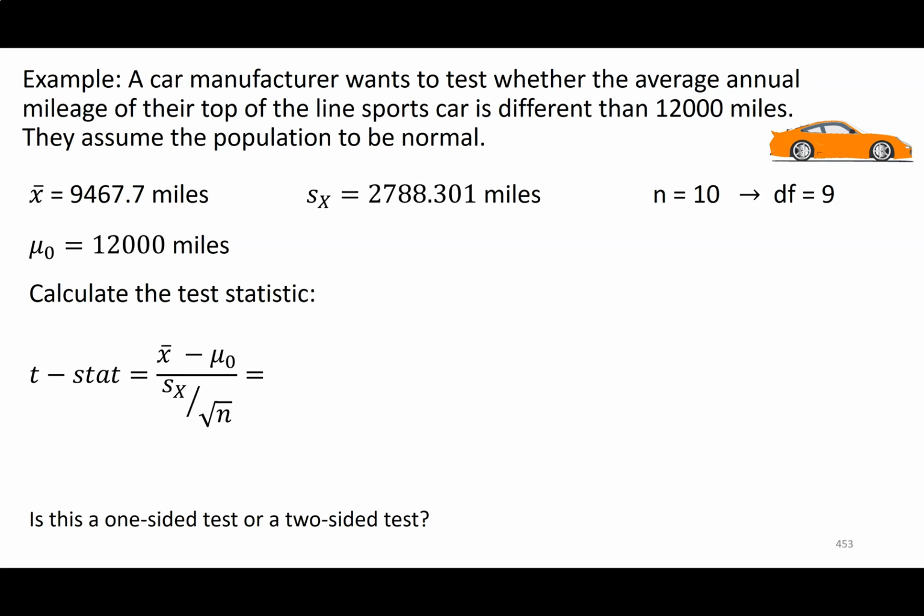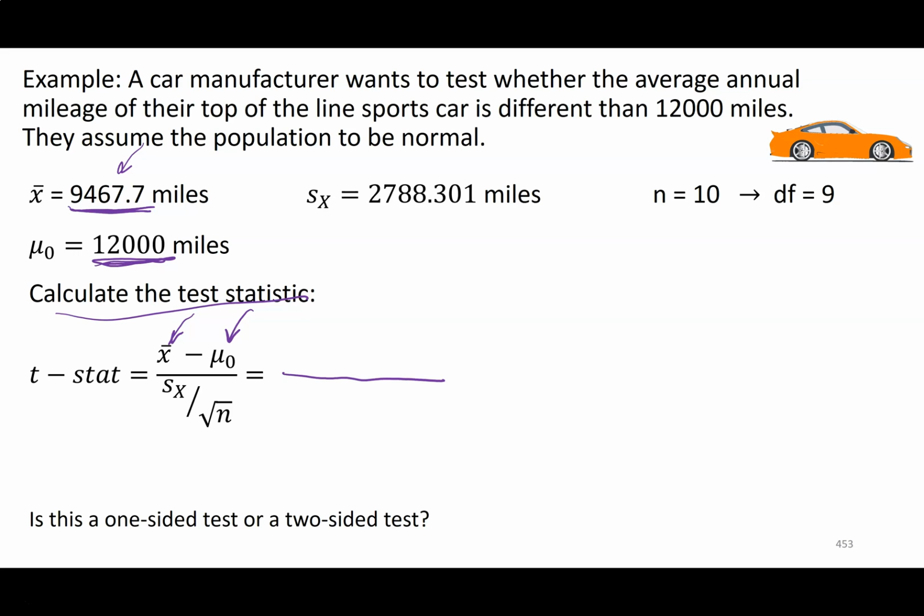So here we are. Calculate the test statistic. It's going to be the same setup on top: what we saw in the sample minus what's claimed. Right away, I can say what's claimed is 12,000 miles, and what we observed, 9,000, like 467 miles or so, is less than the claimed amount.